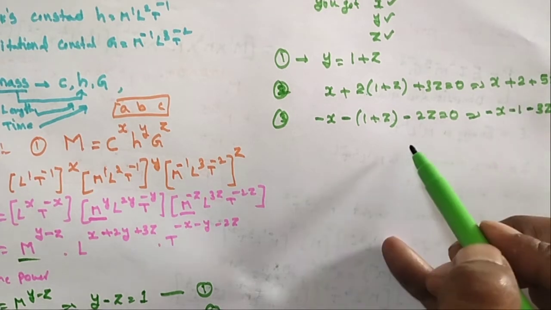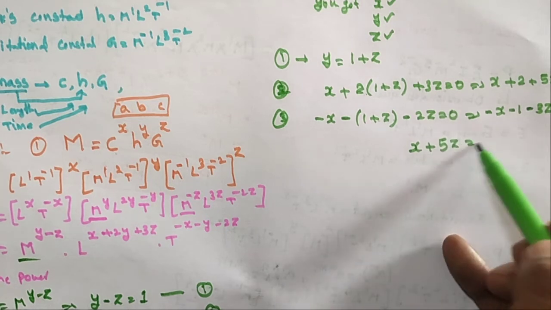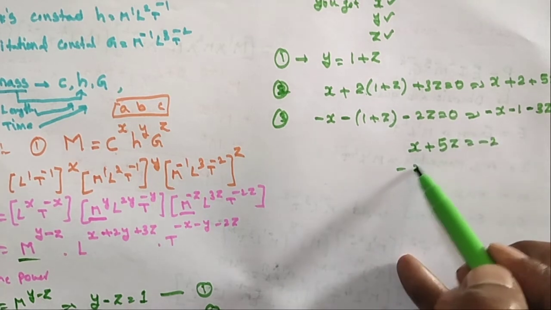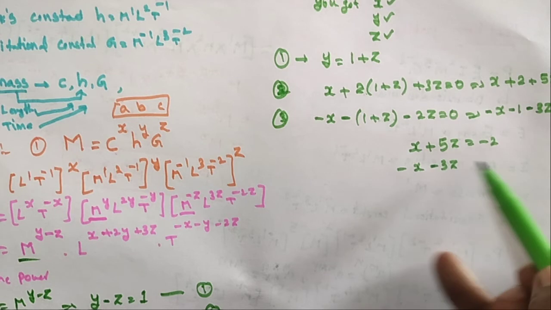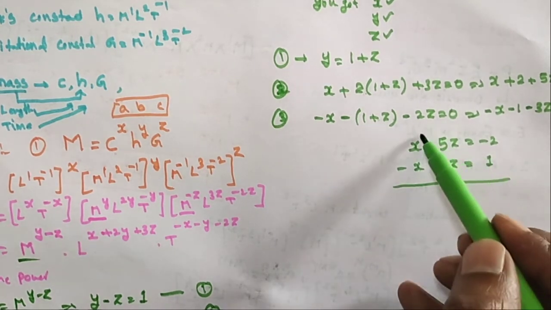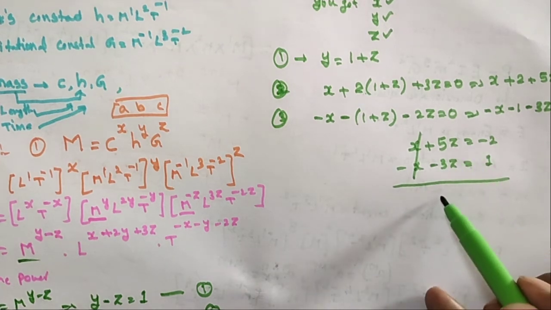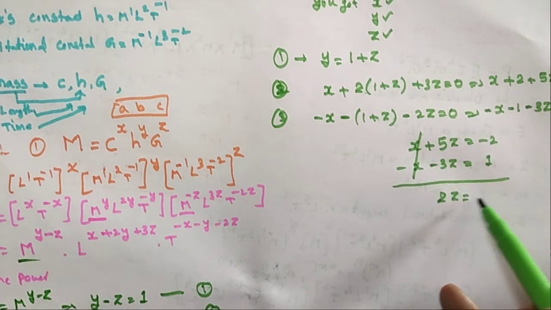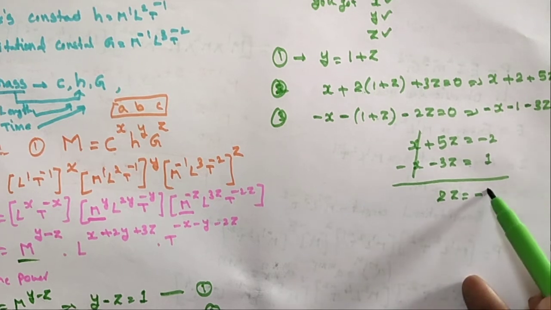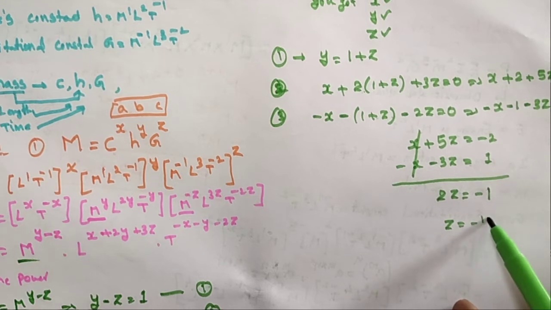So here finally x plus 5z is equal to minus 2, minus x minus 3z is equal to plus 1. Here x and minus x cancel, 5z minus 3z, 2z is equal to minus 1. And what is the z value? So z is equal to minus 1 by 2.